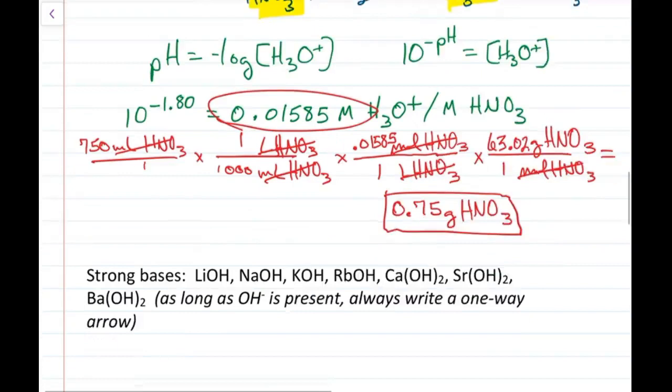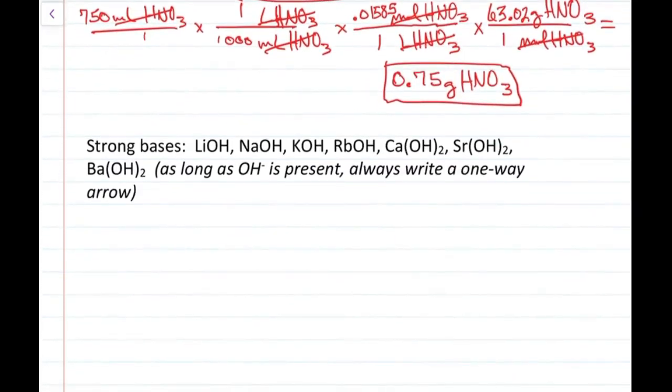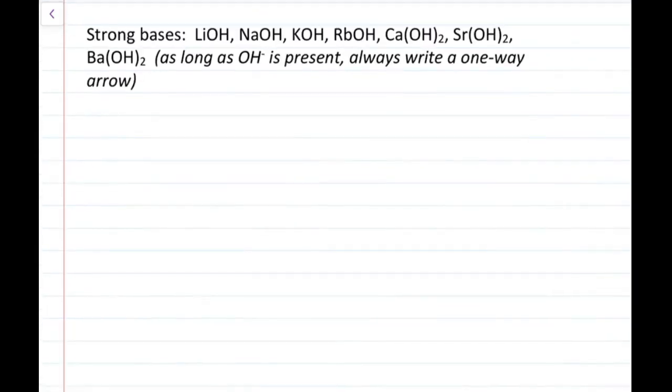All right. So let's look at bases then. Strong bases are all going to end in hydroxide, and essentially it's just most of the metals from the first two groups of the periodic table. So like lithium, sodium, and potassium are all in group 1, as well as rubidium, and then calcium, strontium, and barium are all in group 2.